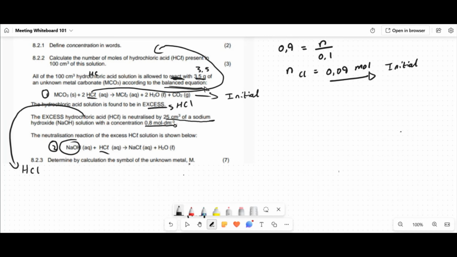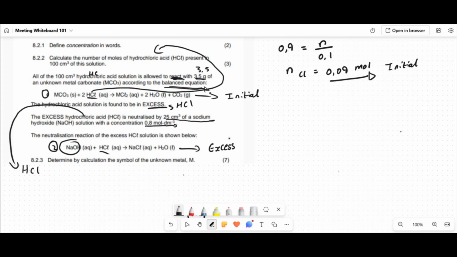Now, in the second reaction here, the number of moles that are left, or the number of moles that we will get here, we call them the excess. It is the number of moles that are in excess hydrochloric acid, right?